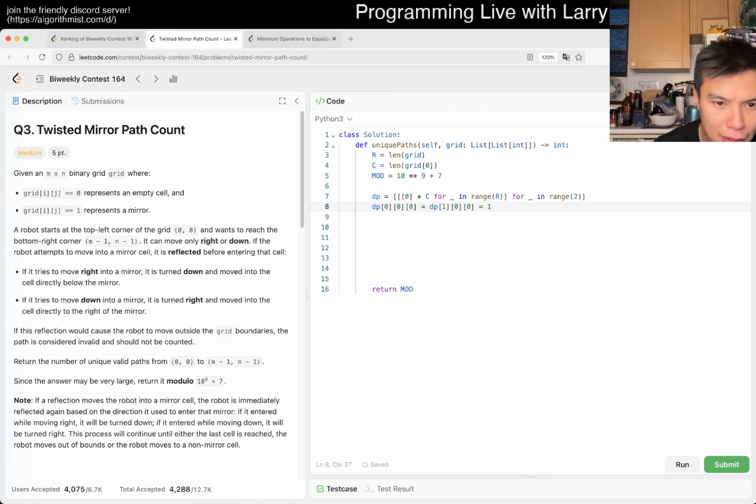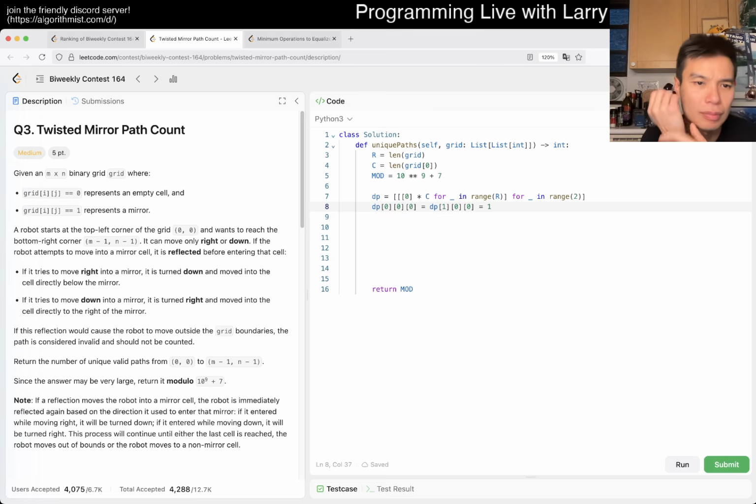Wait. It can only move down and right. It attempts to move to. Yeah. Kind of confused about this one a little bit.